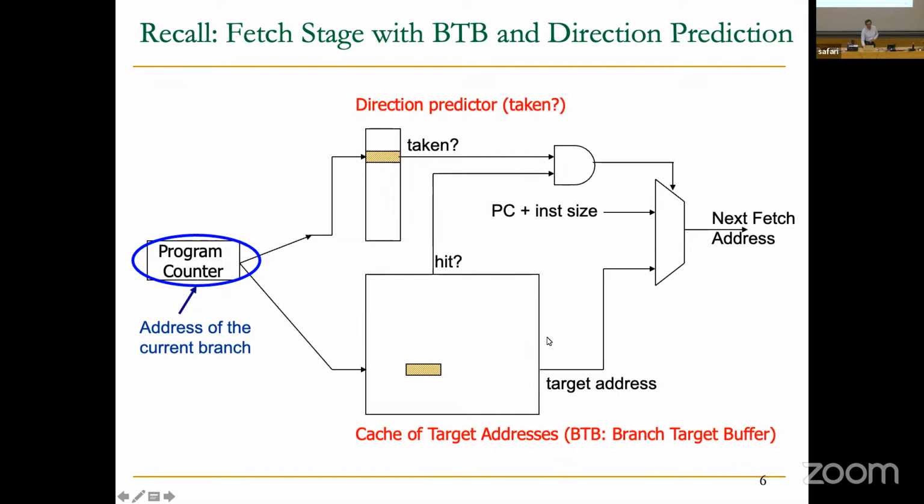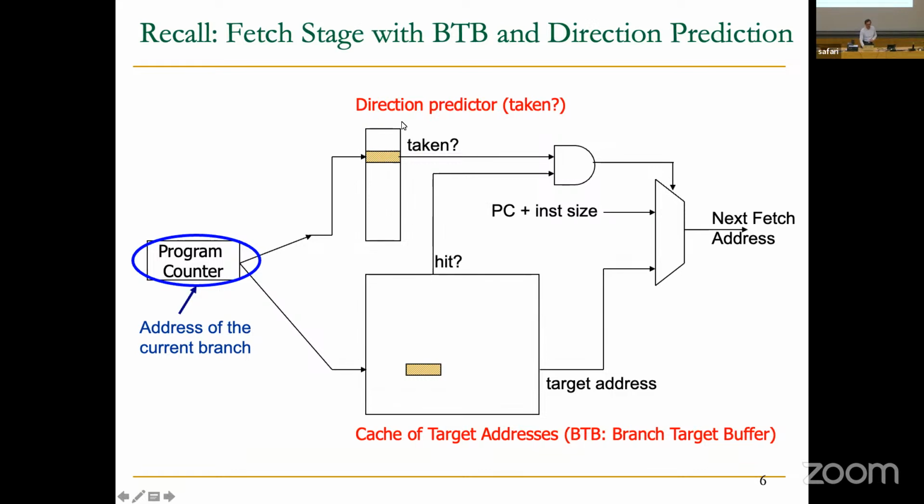And if it's predicted to be taken at the beginning of the pipeline, the branch target buffer can supply a target address so that you don't need to calculate it, because it was calculated in a previous execution of this branch. So you store it in this buffer. So this is the fetch engine we have in modern machines in a simplified manner. Modern machines all have this sort of architecture.